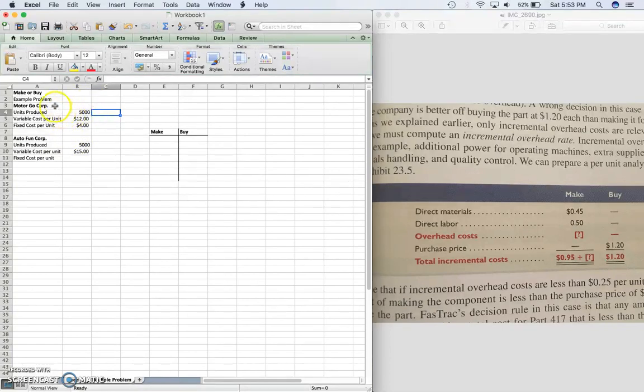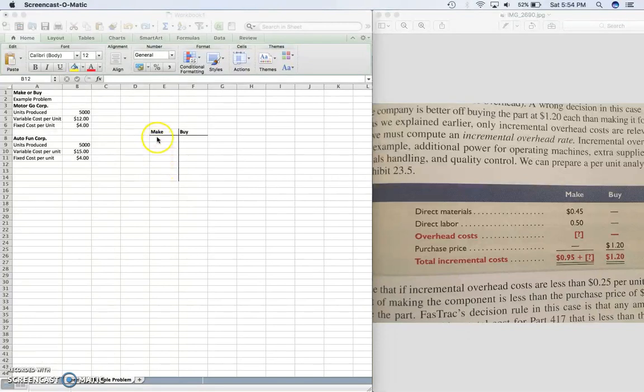What they wanted to know is whether they should buy from AutoFund Corp. If they were to buy from AutoFund Corp, they would produce the same amount of units, but it would cost $15 for variable costs. And it would also cost $4 for fixed costs because it's the same fixed cost.